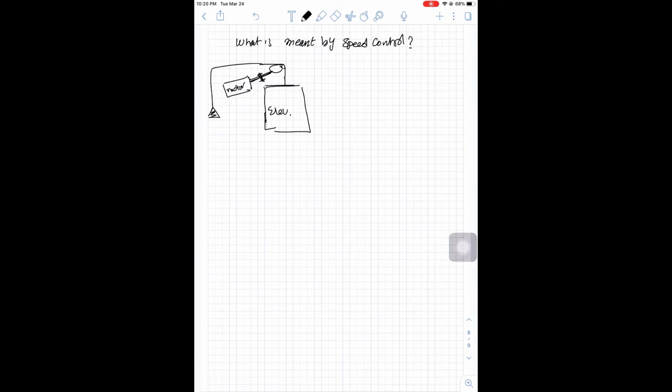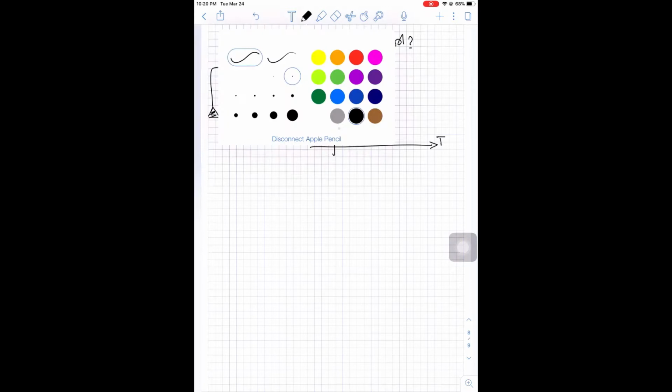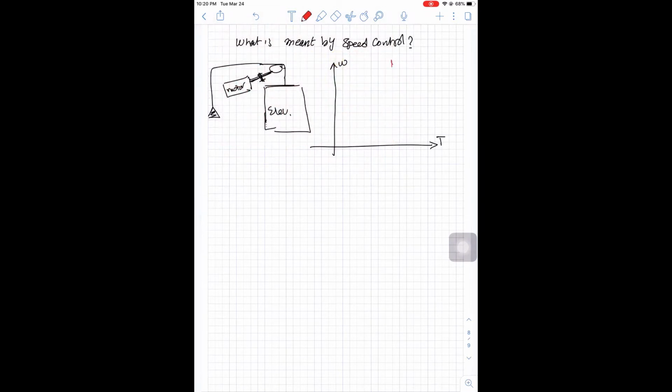Now if we sketch the relation between the torque speed characteristic for the load and for the motor, so this load has a constant torque speed characteristic, which is mgr, and this motor, as we discussed earlier in this lecture, has a linear torque speed characteristic. So this line has an equation that depends on the machine.